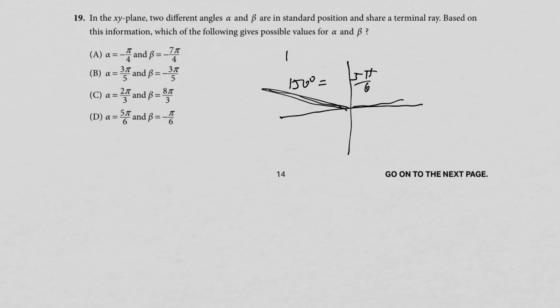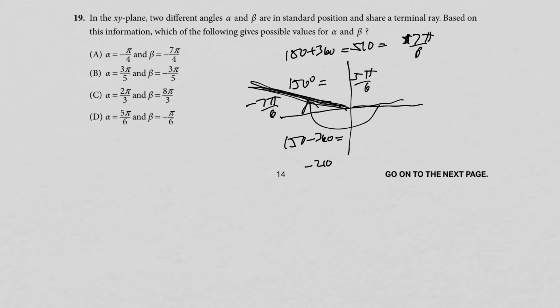For instance, 150 plus 360 is 510, which is 5 pi over 6 plus 2 pi. They're called coterminal angles. But also, 150 minus 360, which is minus 210, also gets us to the same place, which is minus 7 pi over 6.